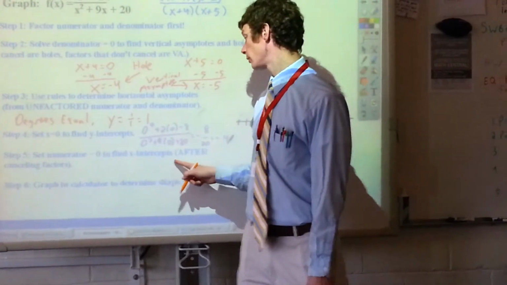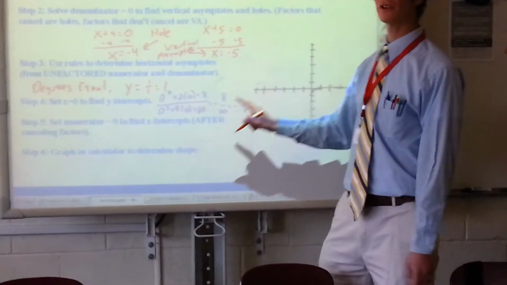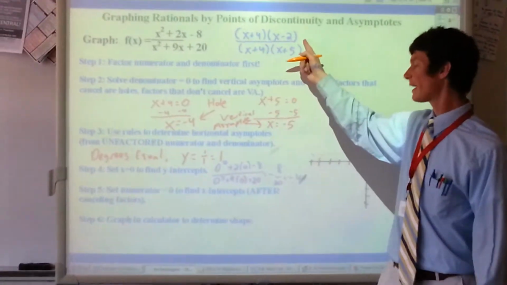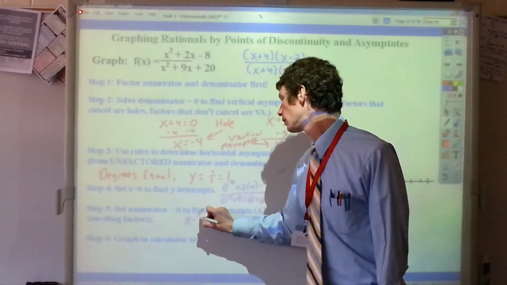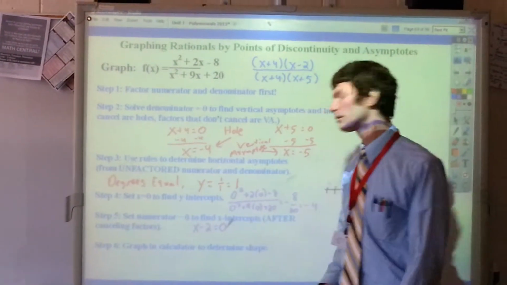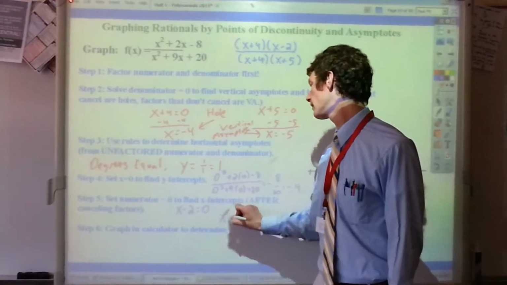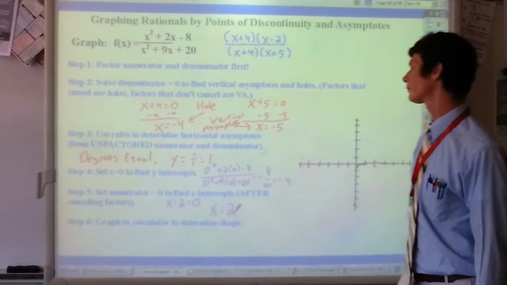Set the numerator equal to 0 to find your x-intercepts after you cancel your factors. So x plus 4 is going to cancel. X minus 2 equal to 0 is going to give us our x-intercepts. When we solve this, add 2 on both sides, x equals 2.